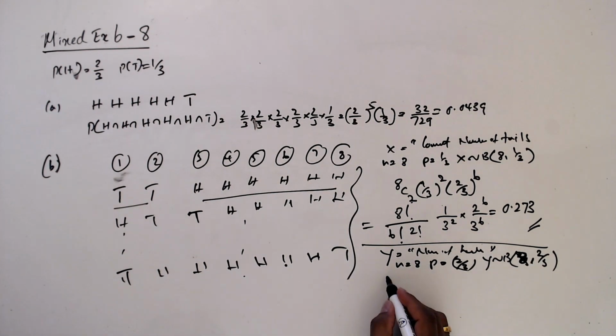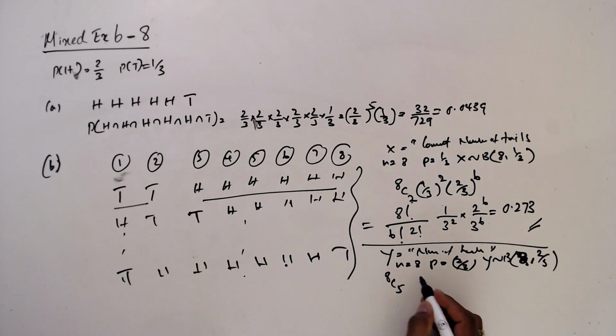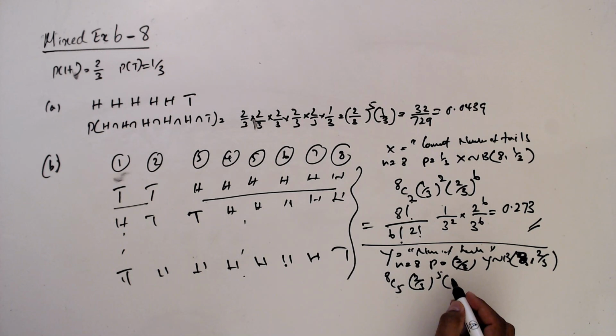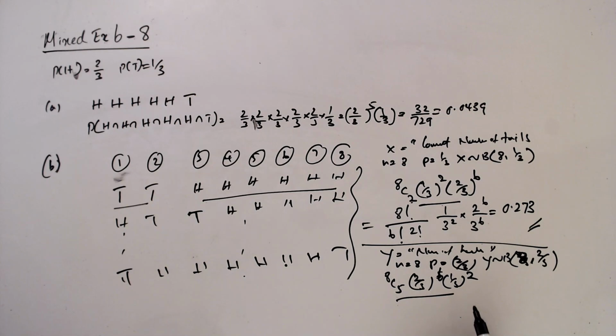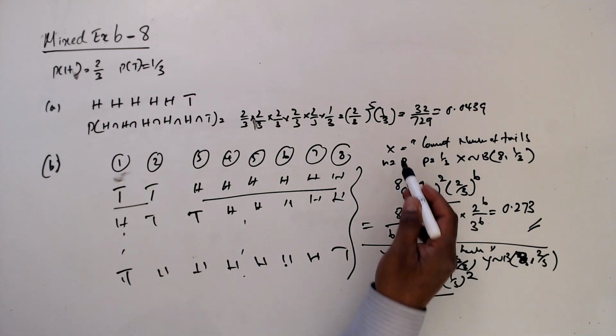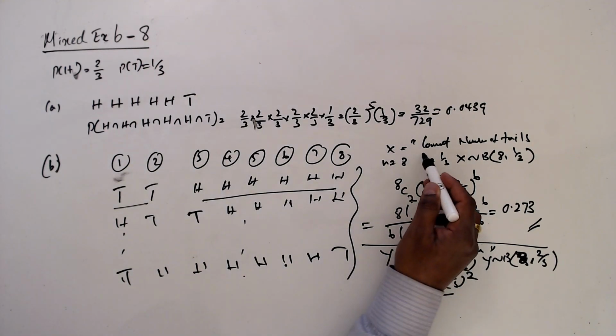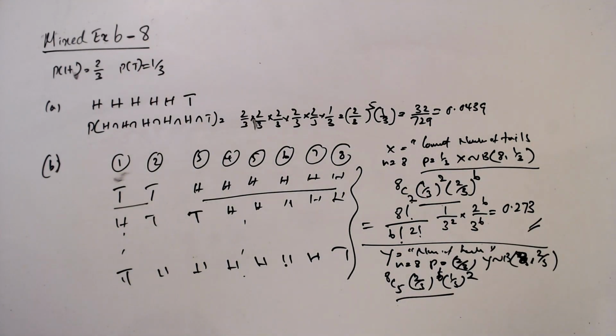So then 8C6 times (2/3)^6 and (1/3)^2. You can see both are the same. If it is the X count, this is the binomial; if it is the Y count, this is the binomial distribution.